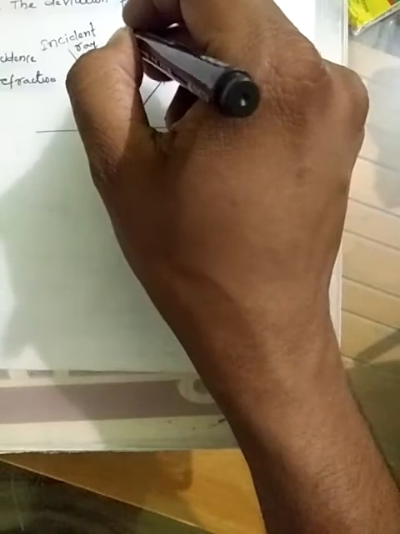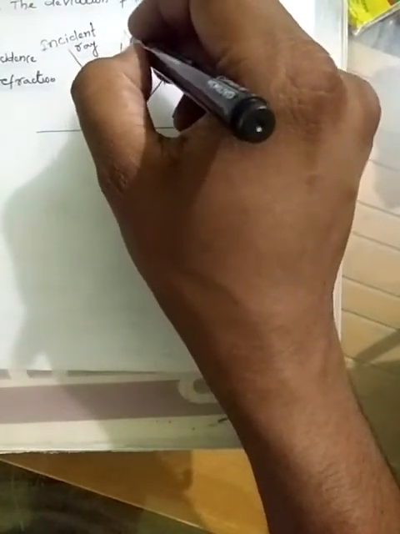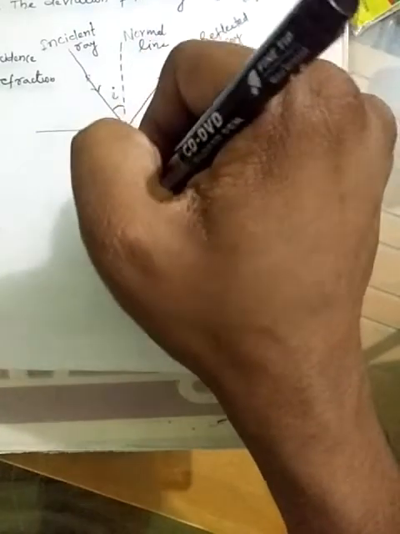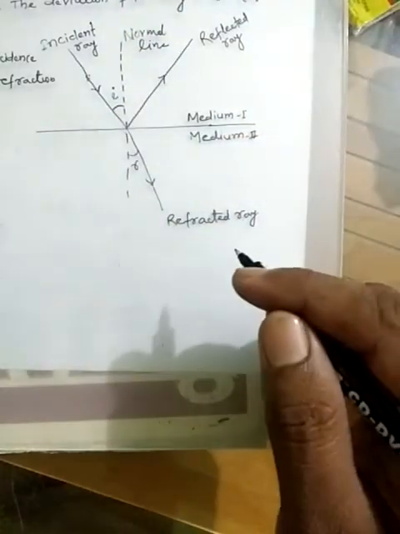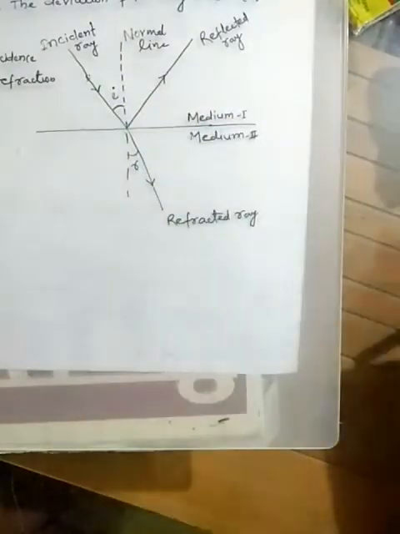This dashed line is the normal line, which is always perpendicular to this separating line, and this is the incident ray.